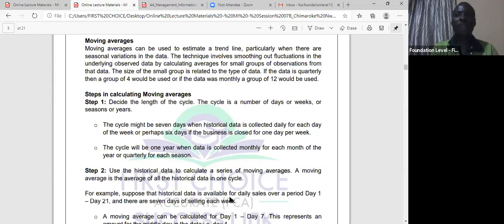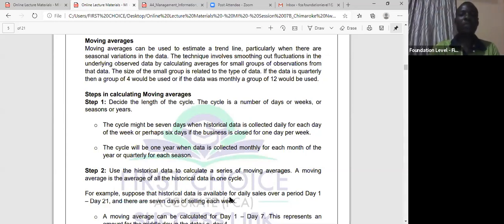So if there are 5 days, you add the first 5 days and divide by 5 to get the average of these 5 data. Then you move the average by removing the first item in the data. So it's now becoming 4. You will now add one more under it to complete the cycle.